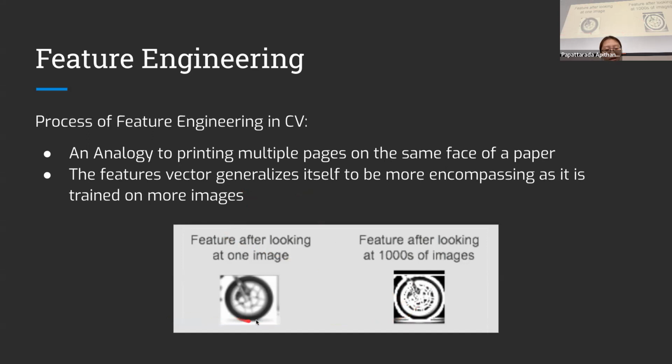As you can see, at first we only have one image and it looks a bit blurry, but after thousands of images it's more clear that these are certain features that will help the computer recognize that this is a wheel. The computer will be able to generalize on how a wheel should look, so it will be more encompassing and able to classify certain images better.